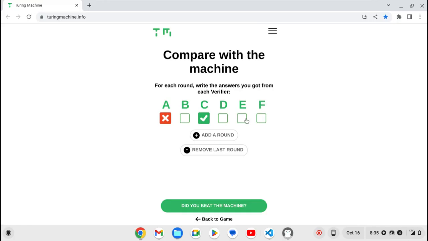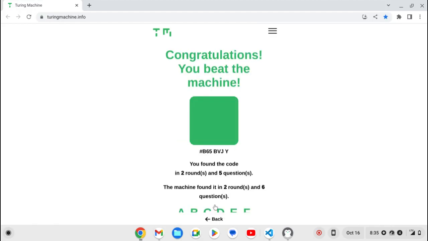C and E were correct. I believe B was correct, but D was incorrect, and we deduced F. So, wow, okay. We beat the Turing Machine by one question.